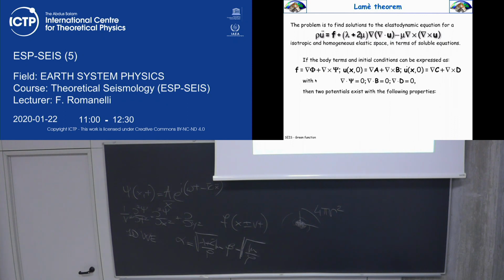Now we can take the F term and we can break it, thanks to the Helmholtz theorem, into two pieces. So now these two potentials, scalar and vector, are representing the source. Okay, and these are the properties that we have to work for.